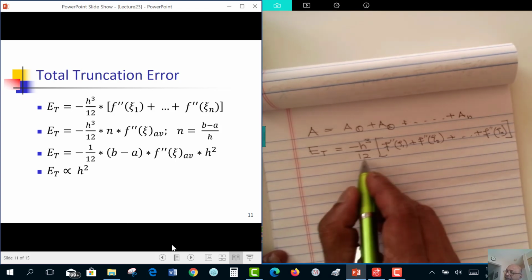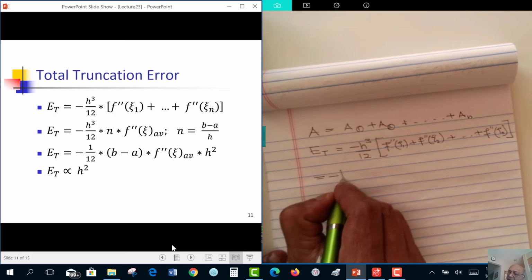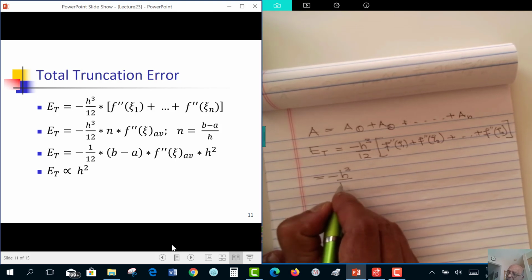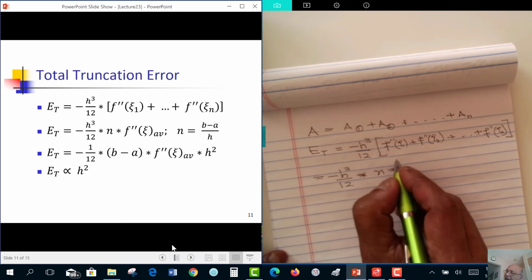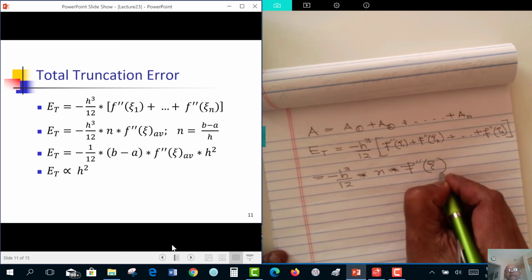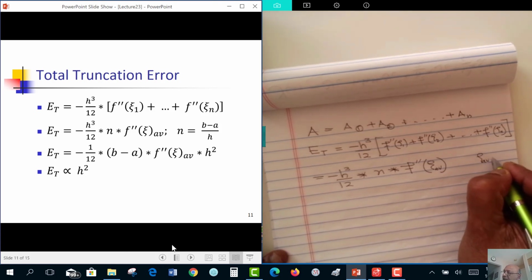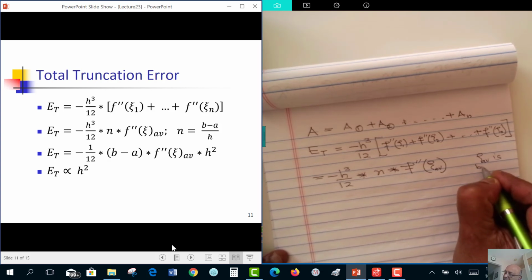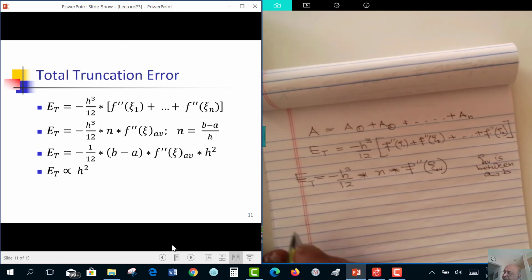For most functions, probably the second derivative values don't vary very much. But what we can do is say, let's suppose these n second derivative values are evaluated at some zeta average. All we know is zeta average is between a and b.